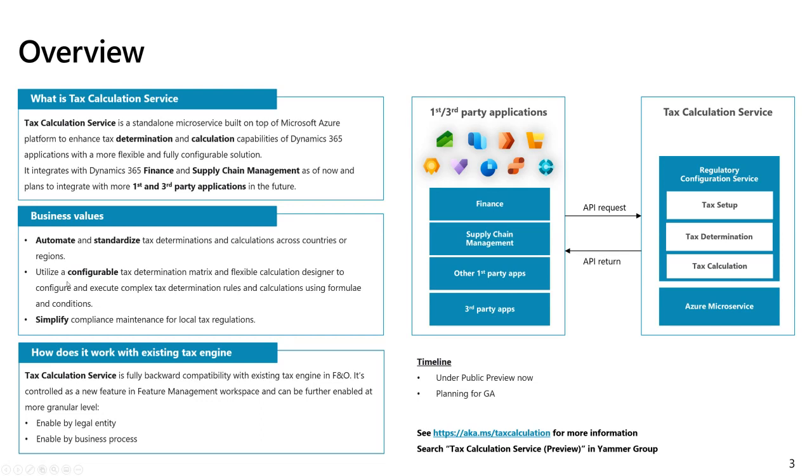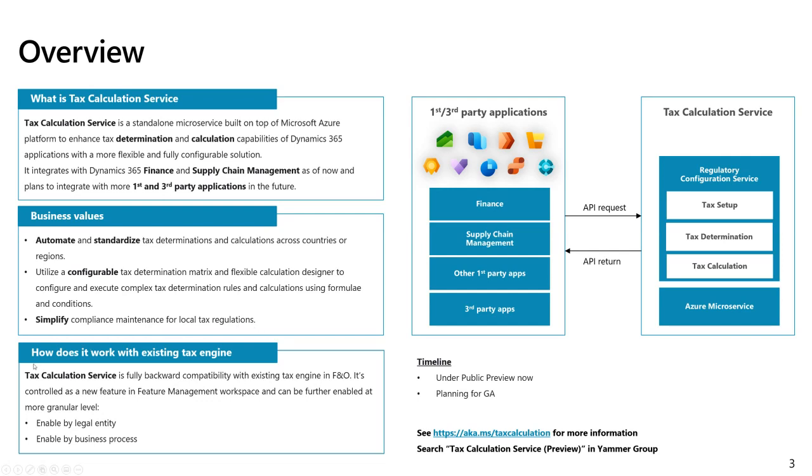Second, we introduce a very configurable platform for you to design your tax calculation behavior. You can understand it as a low code or even no code experience. You don't need professional developers to build extension for you if you have different tax calculation behavior. You can just configure your formulas and conditions in our engine for your business needs. So with the above 2 business values, it can finally simplify your compliance maintenance for your local tax regulations.